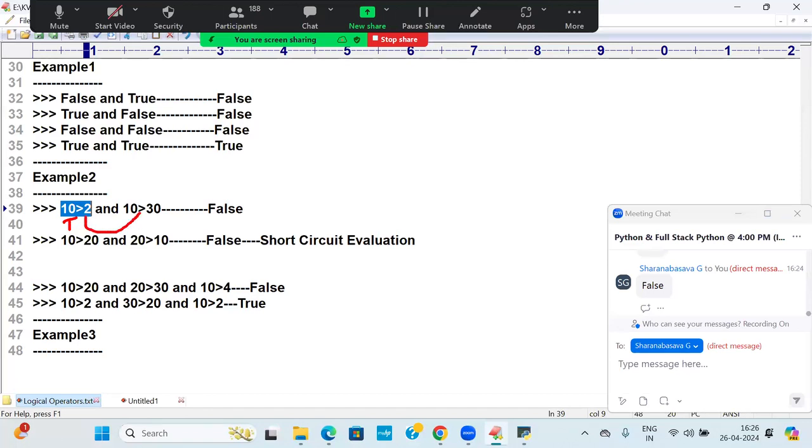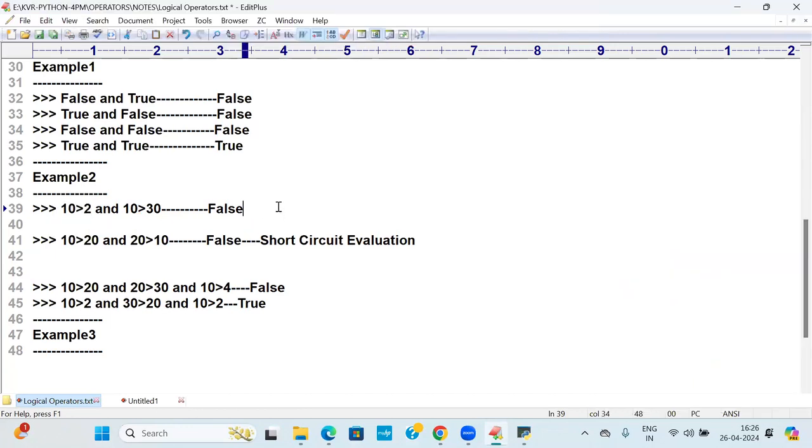When second one is true, result is true. When second one is false, result is false. Did you understand? This is known as full length evaluation. This is called short circuit evaluation.